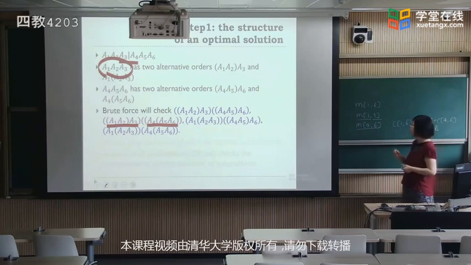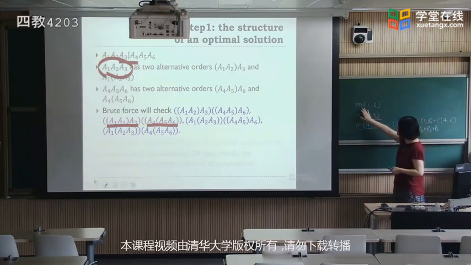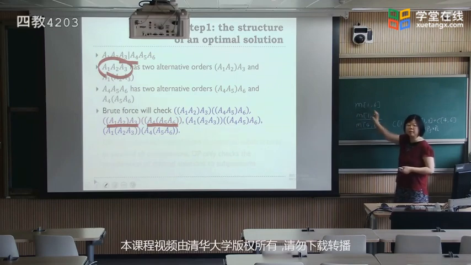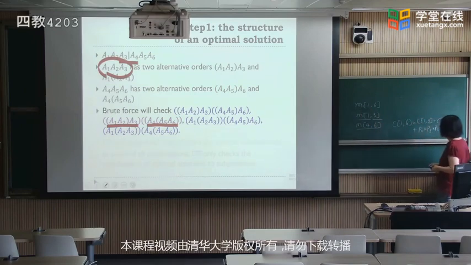Interestingly, we are looking for a recurrence for the optimal cost of multiplying matrices from A1 to A6. So when you look at this relationship again, if this is optimal, then these 2 terms must be optimal, which means the optimal order for the entire sequence must contain optimal orders of the two subsequences.